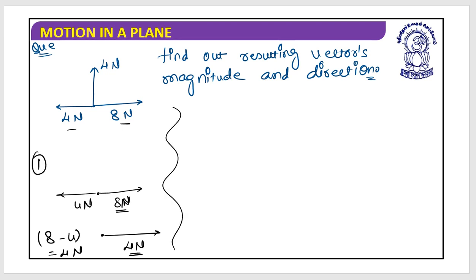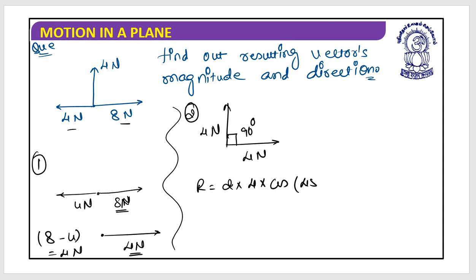Then I am left with this situation: this is 4 Newton, again this is 4 Newton, and as these two are the same in magnitude and have an angle of 90 degrees, R equals 2 into 4 into cos of 90 by 2, which is cos of 45 degrees. Cos 45 is 1 by root 2.